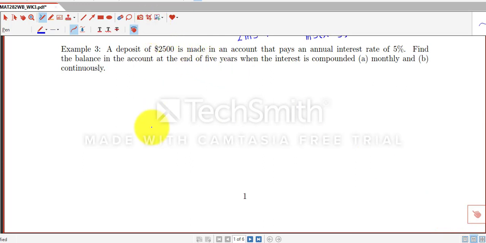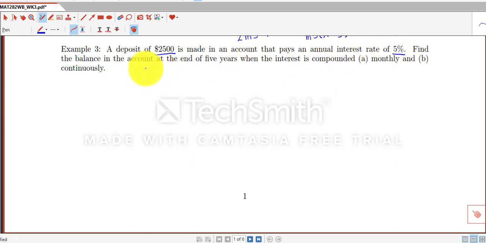Next, we will take a look at the most common application of exponential functions in finance or banking. Example number 3. A deposit of $2,500 is made in an account that pays an annual interest rate of 5%.